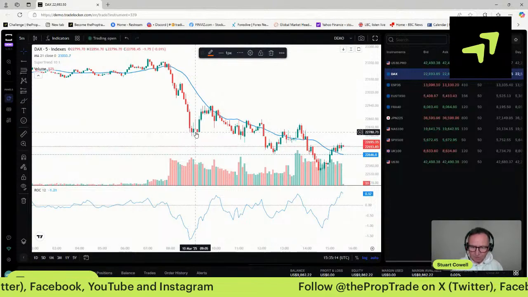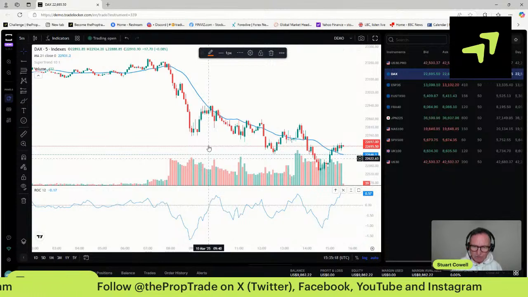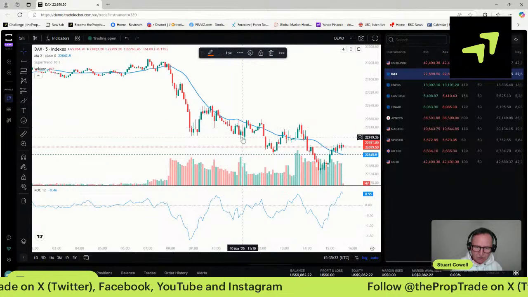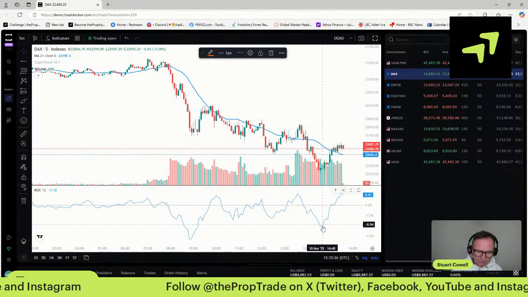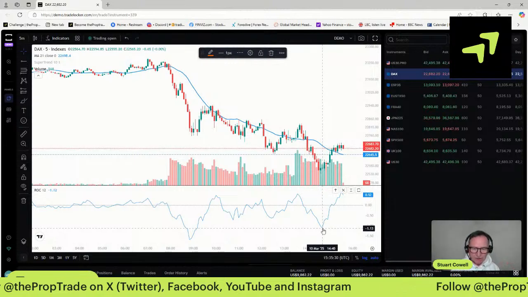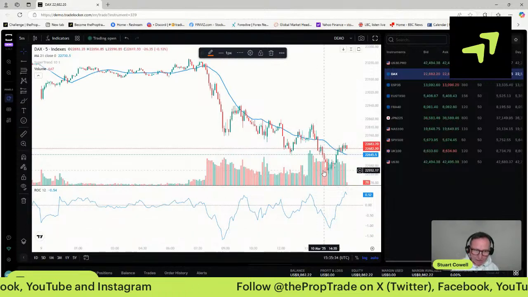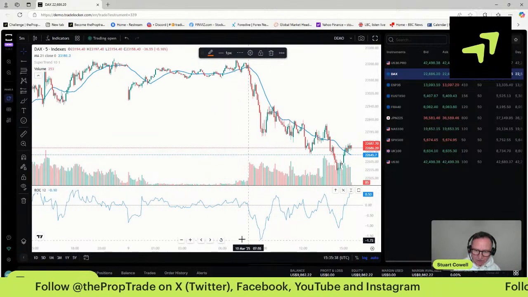Down here, ROC has turned around. It's gone positive here. That didn't work out, did it? So again, bias to the downside. So shorting that, and again down. As far as the rate of change is concerned, the interesting thing we would say today is that the recent low here was significantly higher than the previous low here.